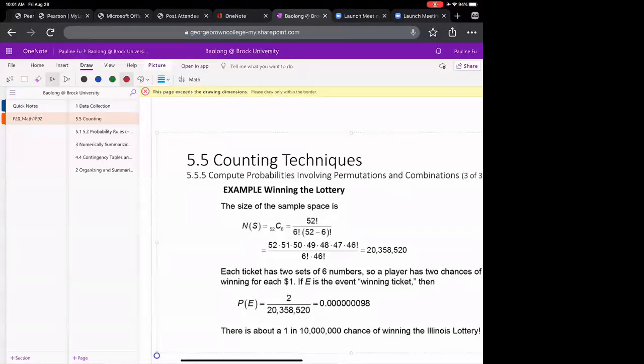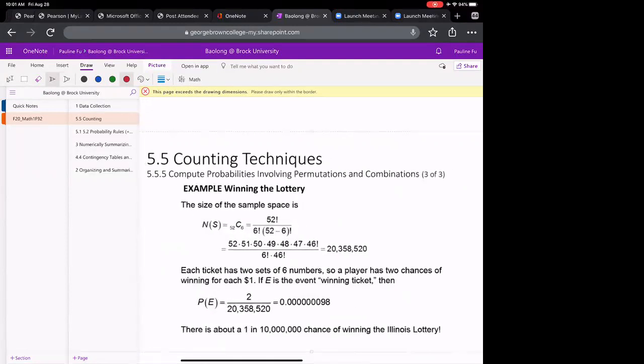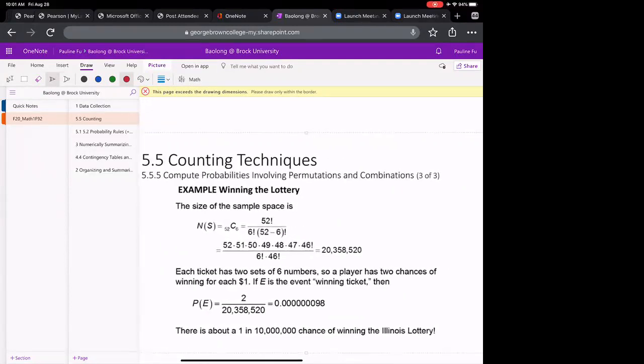Each ticket has 2 sets of 6 numbers, so a player has 2 chances of winning for each dollar. So the probability of a winning ticket is 2 over the sample size. The result: the chance is very small, almost equal to 0. There is about a 1 in 10 million chance of winning the Illinois lottery.